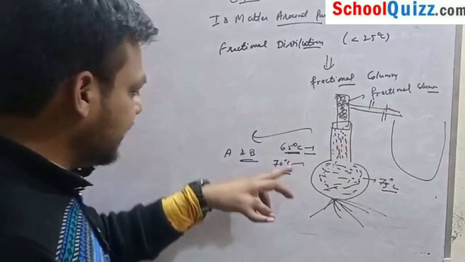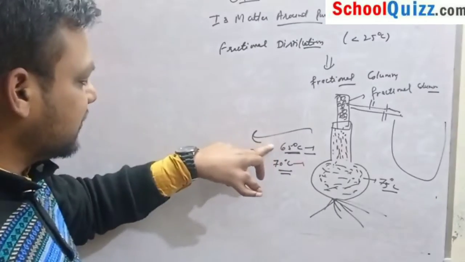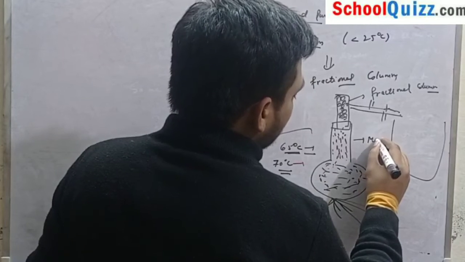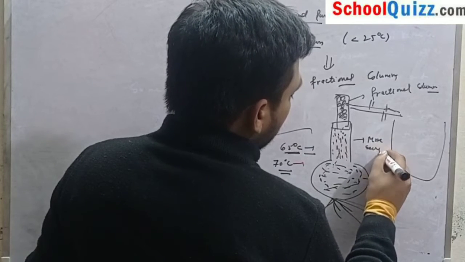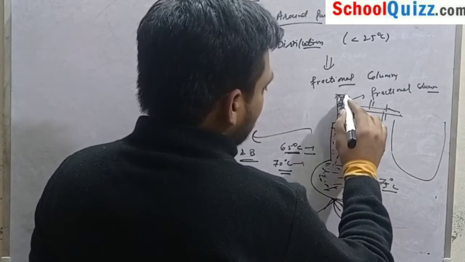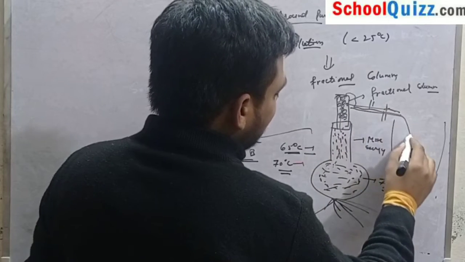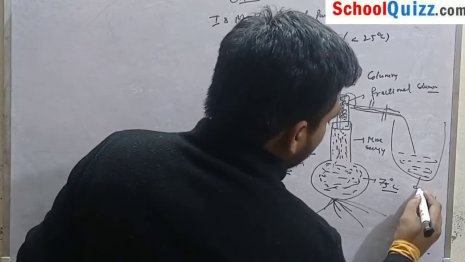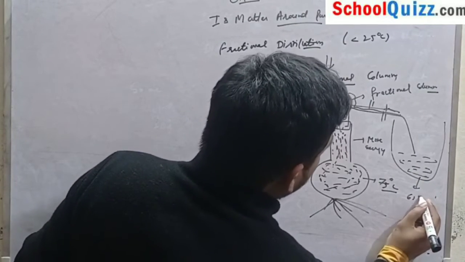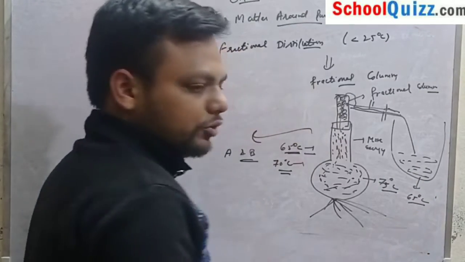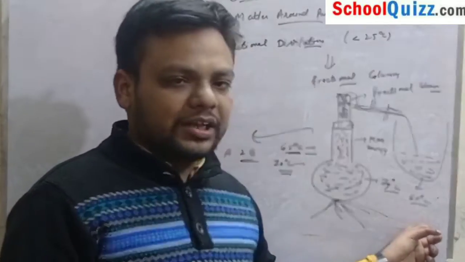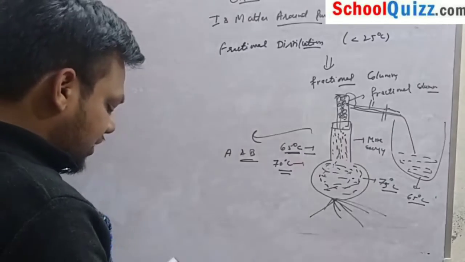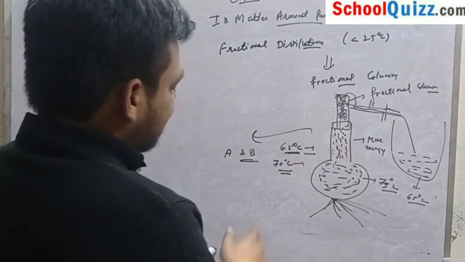The liquid whose boiling point is 65 degrees Celsius, its vapor has more energy, and it will overcome this and pass through this and get converted here. Like we will get here the liquid whose boiling point is 65 degrees Celsius, and then the one whose boiling point is 70 degrees Celsius.